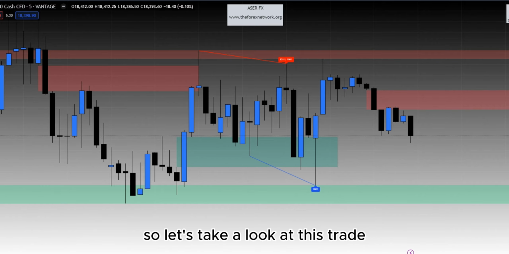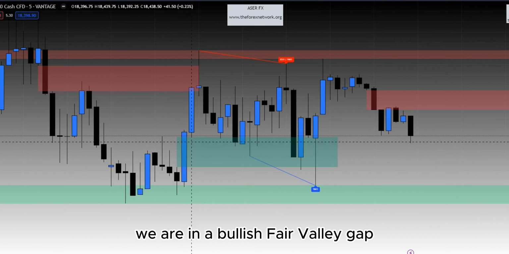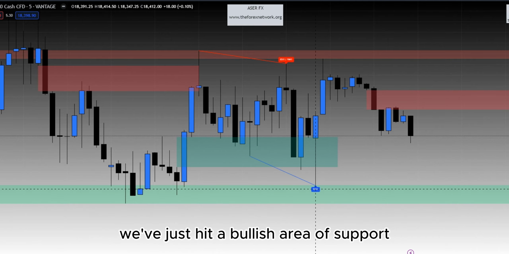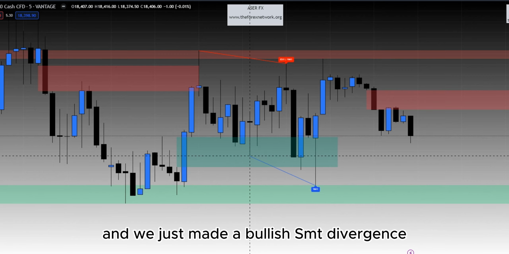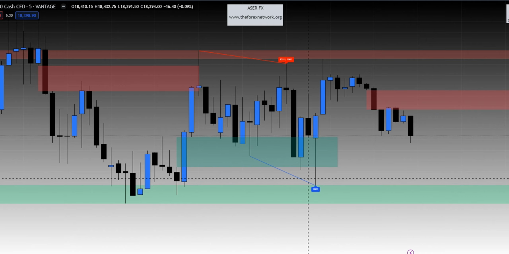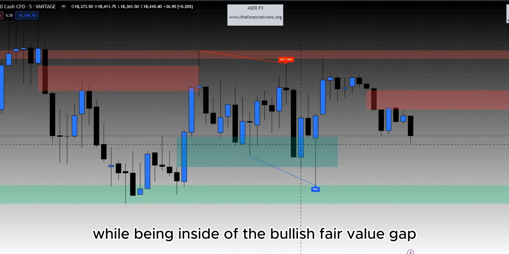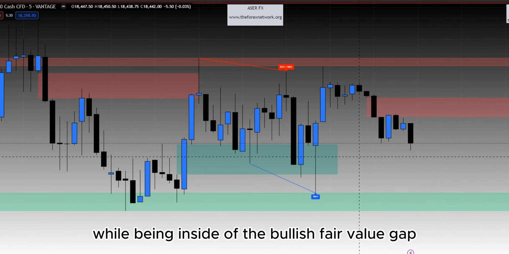So let's take a look at this trade. This trade has 3 confluences. How? Well, we are in a bullish fair value gap. We've just hit a bullish area of support. And we just made a bullish SMT divergence, hitting the bullish area of support while being inside of the bullish fair value gap.